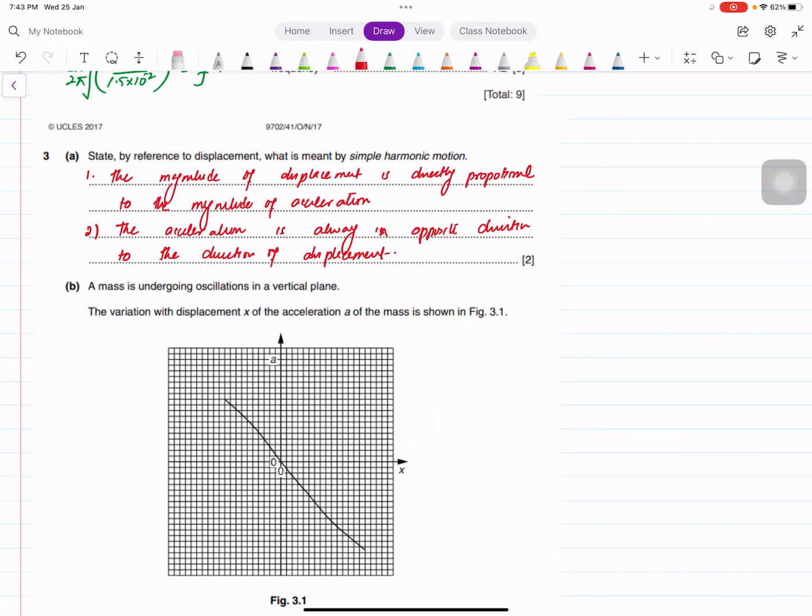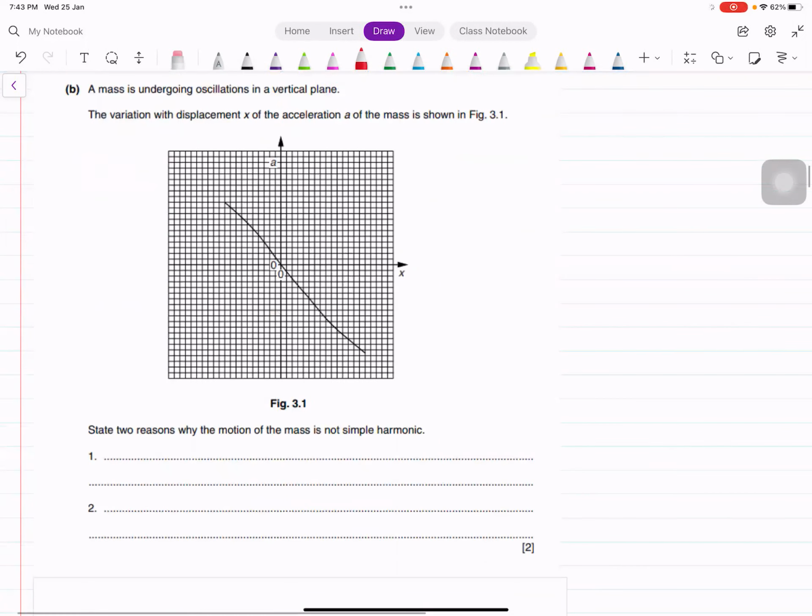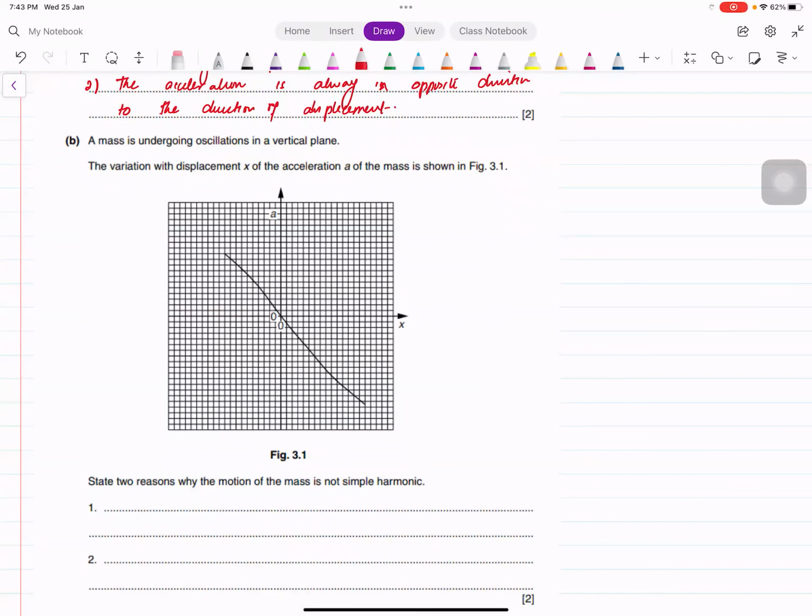Okay. Now, who can tell me why this is not following the rules for simple harmonic motion? If you just look at it for once, let me know, please. One of the first things you can see is that it's not a straight line. It's a bit curved. Yeah.